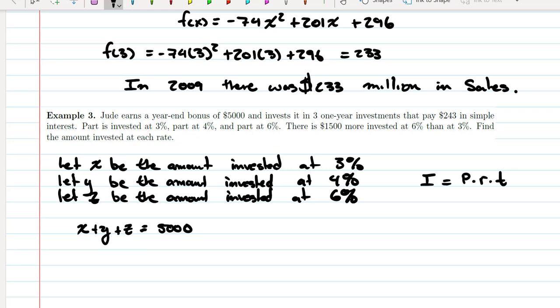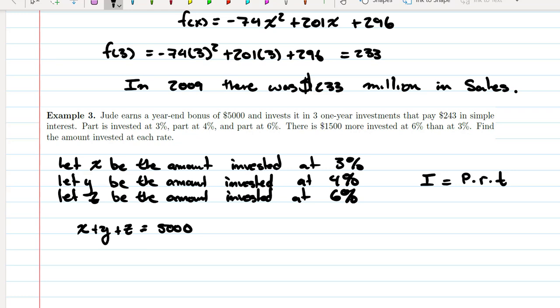The next part says that the 3 one-year investments paid total $243 in simple interest. Well, the interest from the x account, well, if there's x dollars in it, at 3% is going to be x times 3% times 1 year.